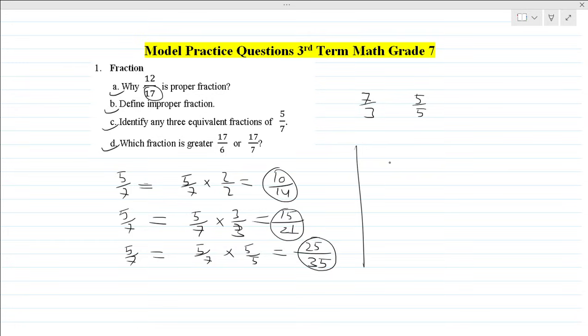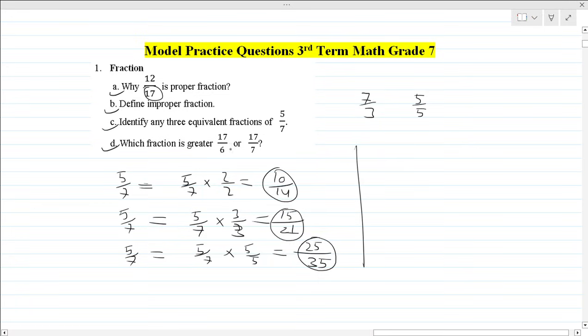In that case you can convert into a decimal value, or you can make the denominators the same. The usual way we compare two or more fractions is to turn all the denominators the same.